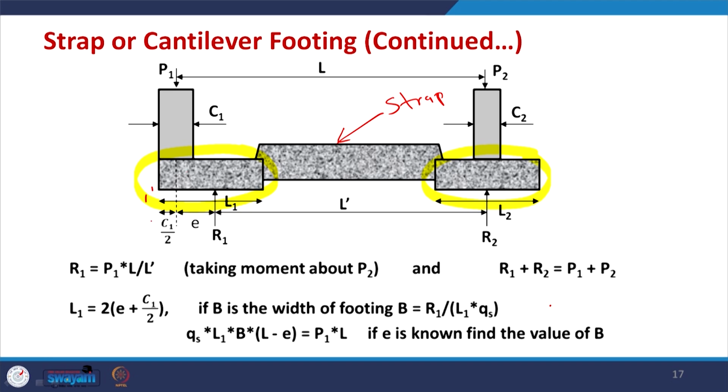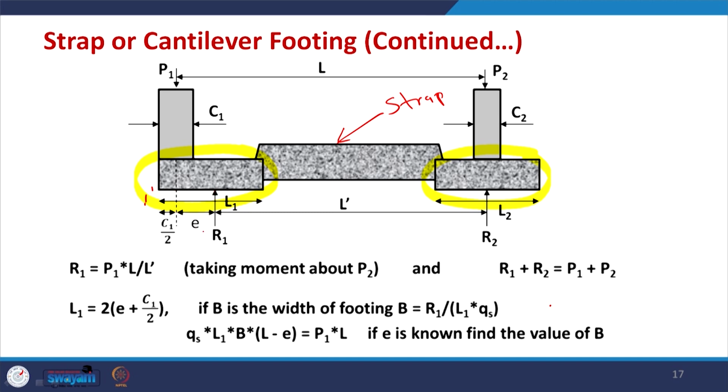If you see the first column, the footing is larger and you have a restriction of space on the outer edge. You cannot extend the footing on the outer edge beyond this. In this case, the reaction of the footing R1 is acting at the center of the footing, while the column load is acting at the center of the column. The distance between the center of the column and the center of the footing is called the eccentricity e.